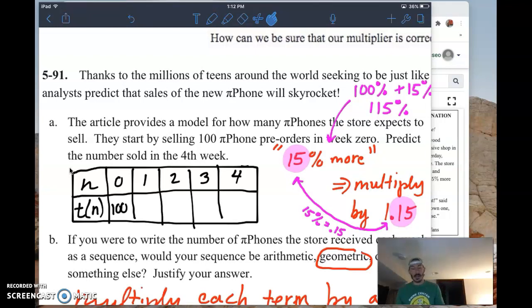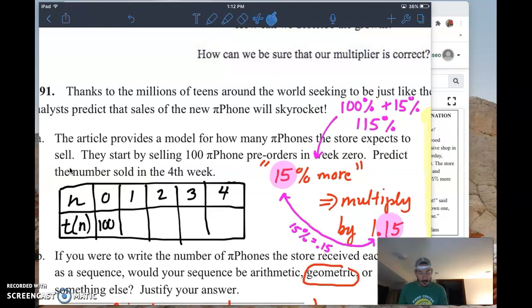Now, I went ahead and did a little groundwork here. I said if they're going to sell 15% more, not just 15% of, but 15% more, we're going to need to take the 100% and add 15% to that. And I know that seems arithmetic, but together, 115% means 115%. So there is our multiplier, our growth factor.